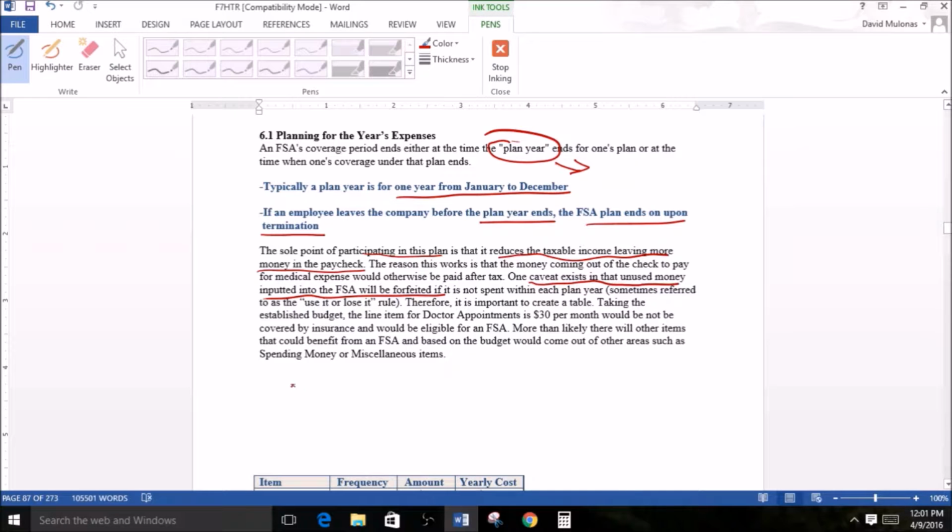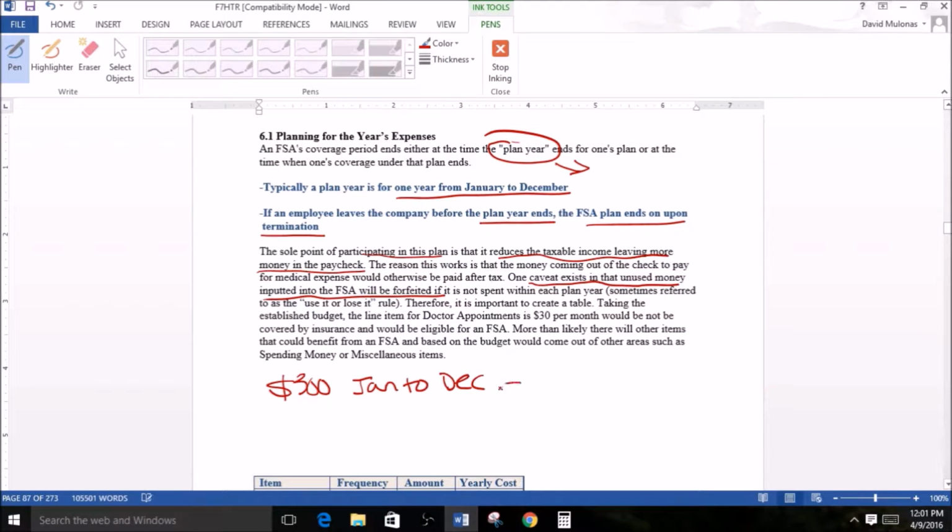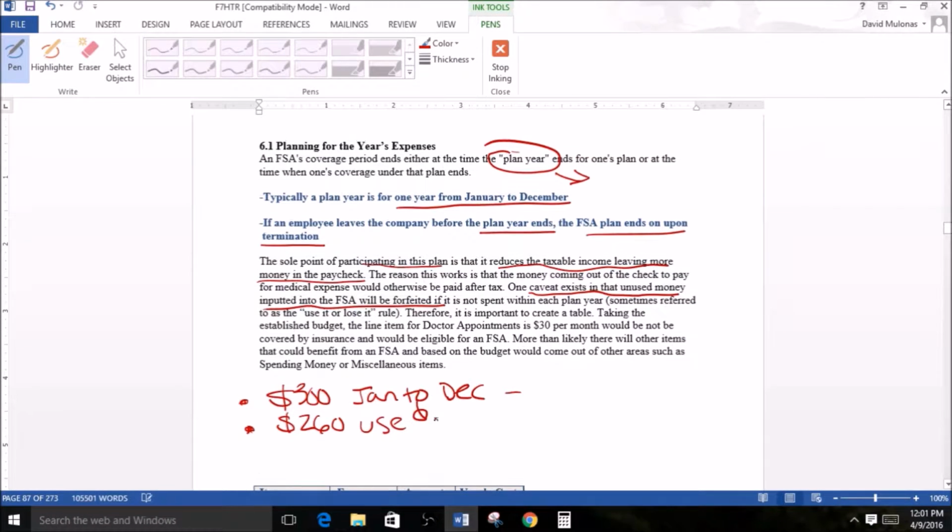So just a quick loose example, let's say you decide to put $300 in from January to December. And then you find out that in December I've only used $260. So what happens? You're going to lose that $40.